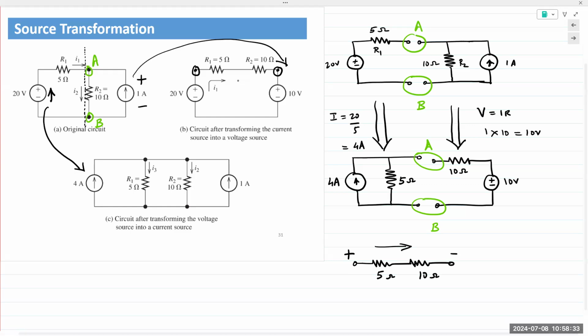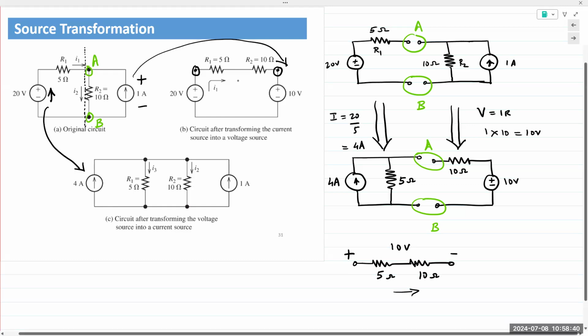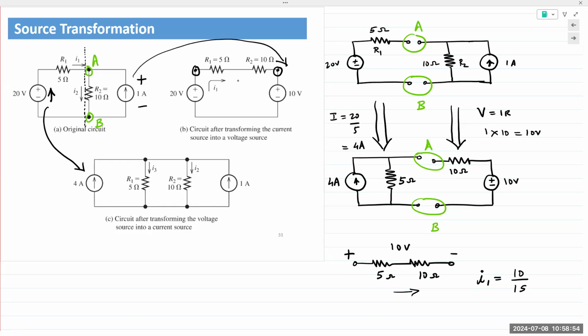This is 10 volts, current's flowing in this direction. You can find I1 as equal to 10 divided by 15. That's it. 10 divided by 15 would be about 6.333 something. Yeah.